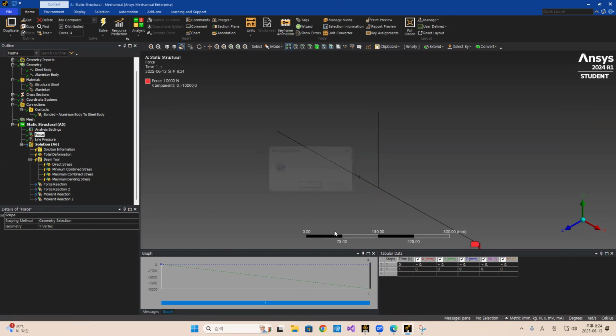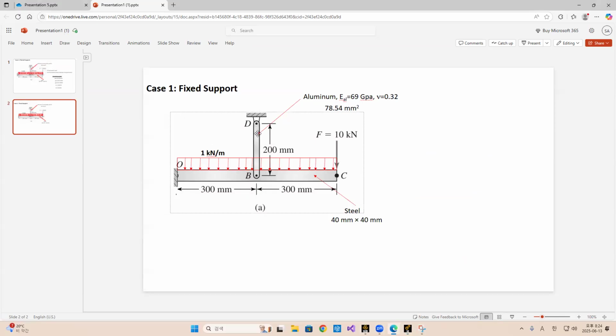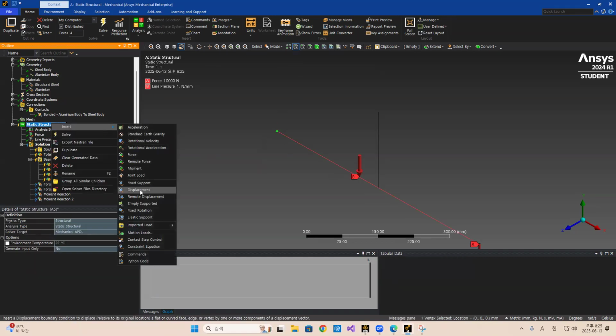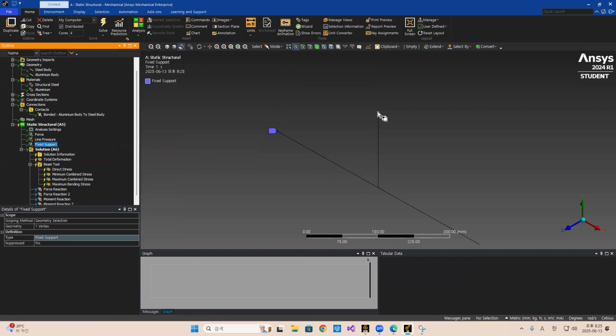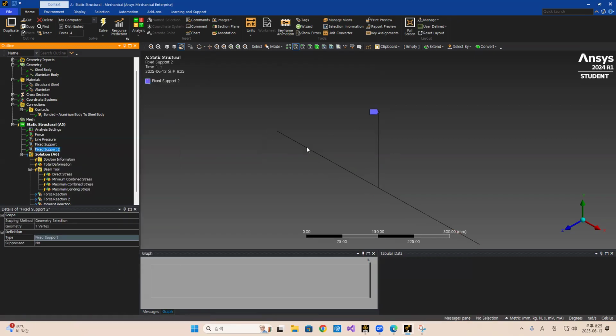So case two of the study is to apply a fixed support and see if there is any difference. Fixed support is very simple: select that one and insert fixed support, and same here. Fixed support means we are arresting all the degrees of freedom, so there is no deformation and no rotation.